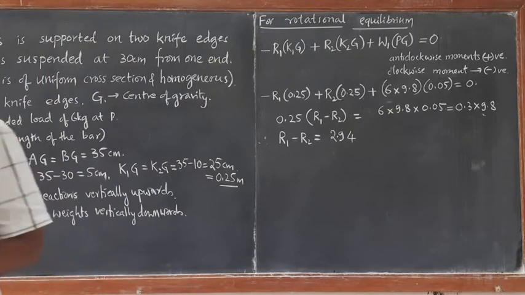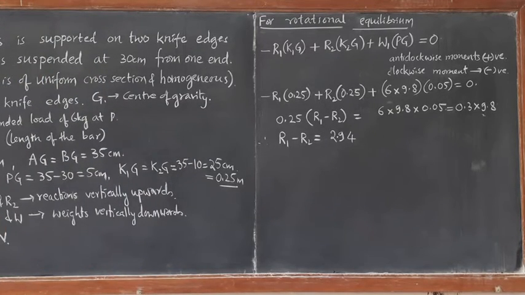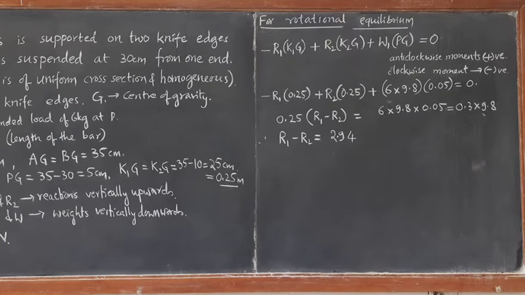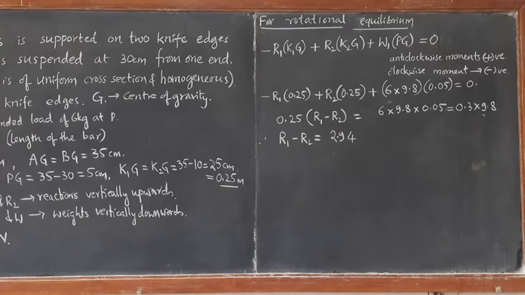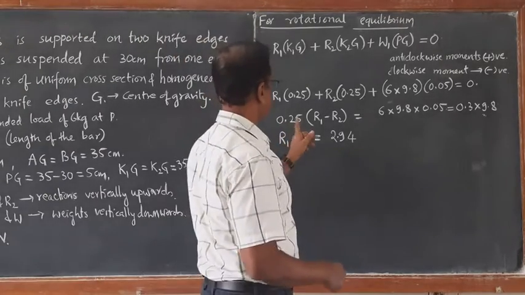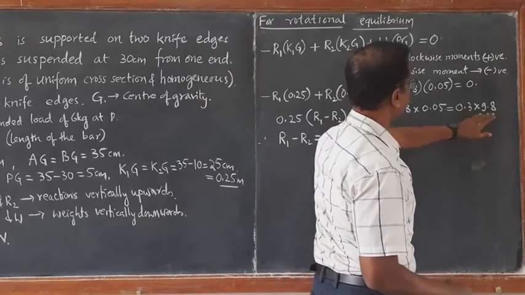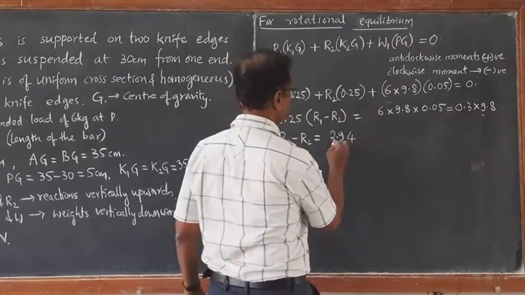So R1 plus R2 we got, R1 minus R2 we got. With the help of these we can calculate the values of the reactions R1 and R2. So R1 minus R2 is equal to 0.3 into 9.8 whole divided by 0.25.